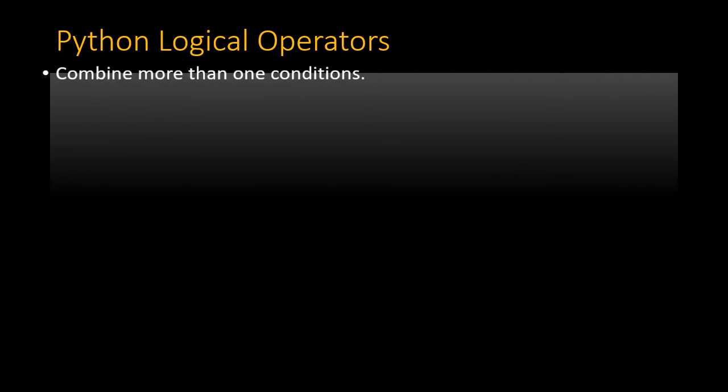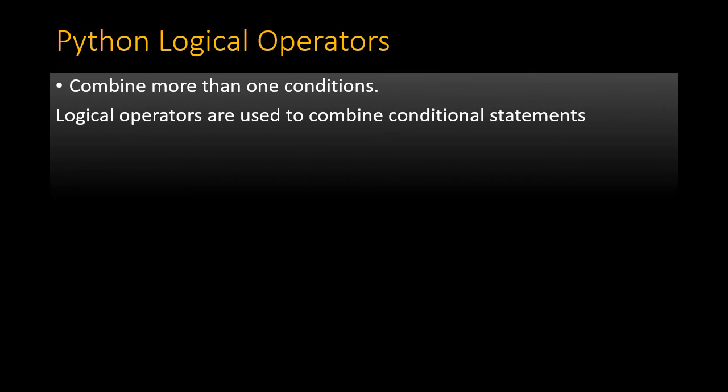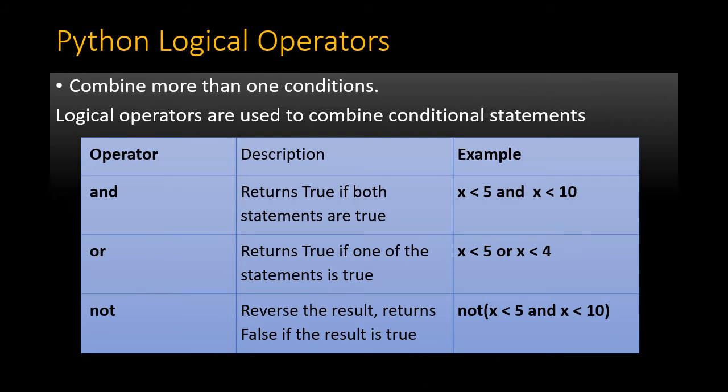And logical operators combine more than one condition, that is, they combine more than one comparison. This is to combine more than one conditional statement. There are three logical operators: and, or, not.